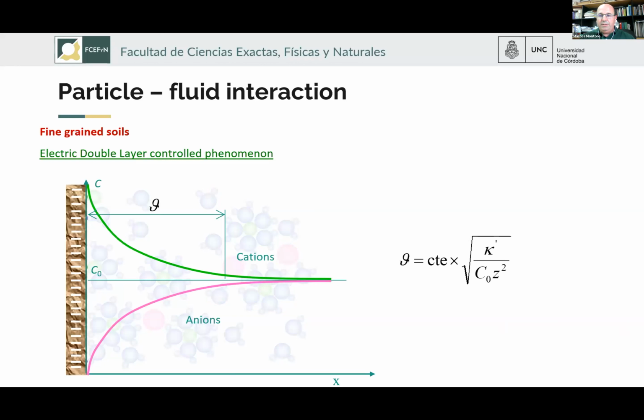The EDL formation might be affected by the presence of NAPLs in soil pores because many of these fluids are composed of nonpolar molecules and present a relatively low dielectric permittivity constant.